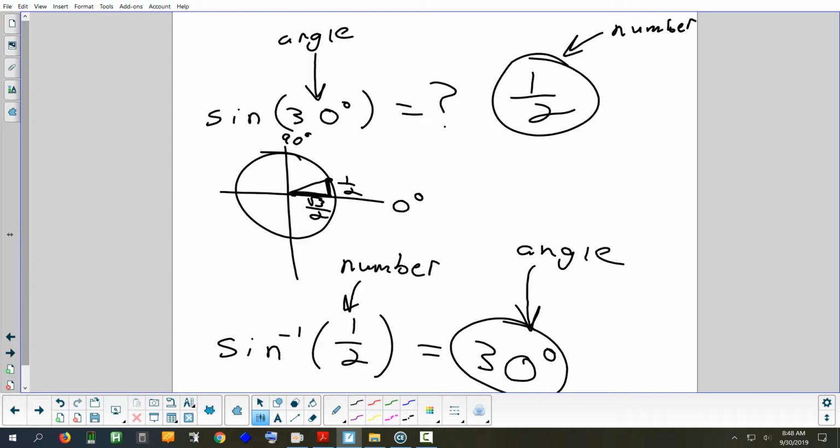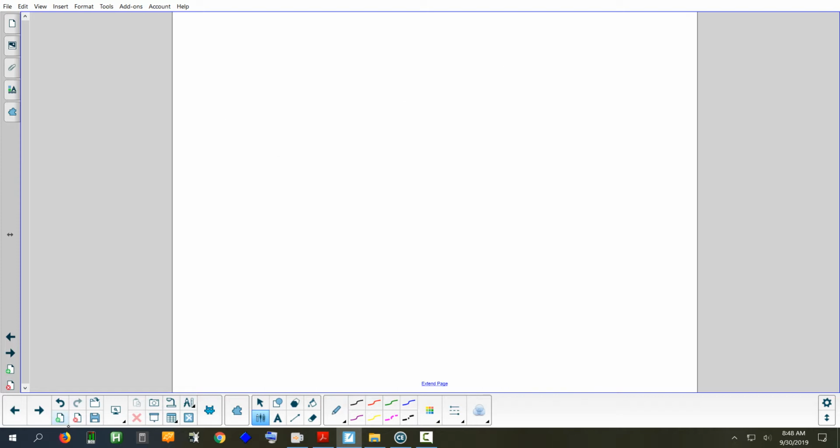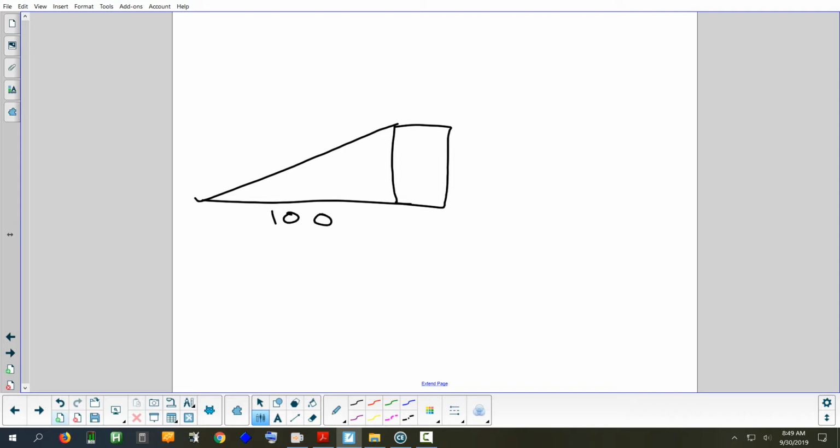Once we know how to figure out what the angle is, then we can get into a problem, say you got a building and you're standing 100 feet away from it, and you look up at the top of the building, at an angle of, let's say, 20 degrees.